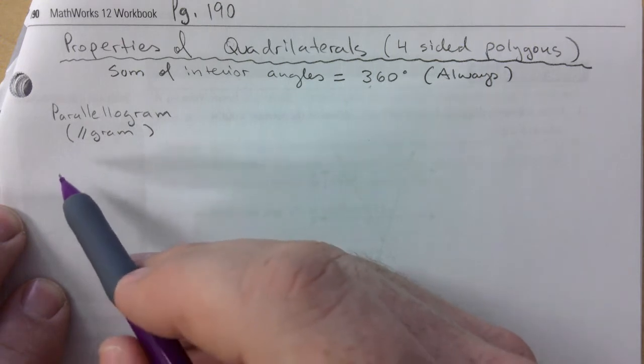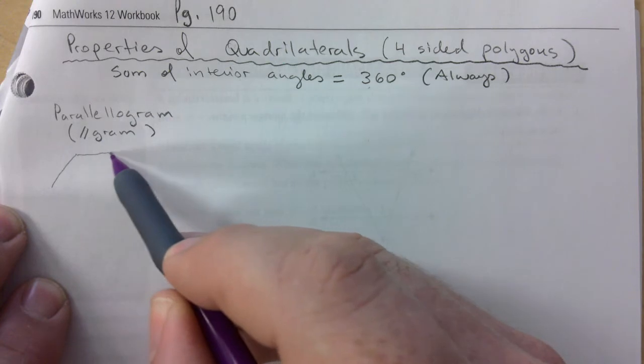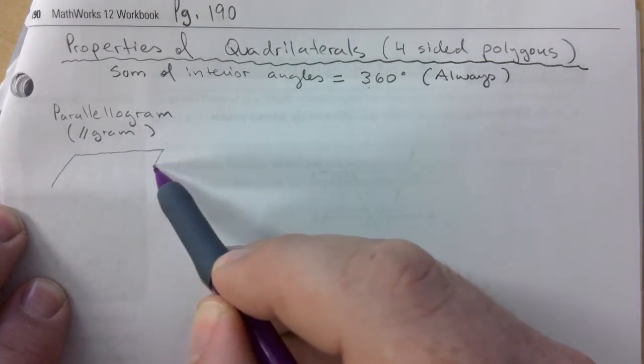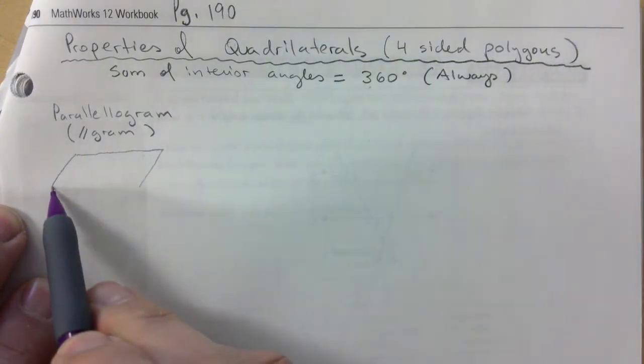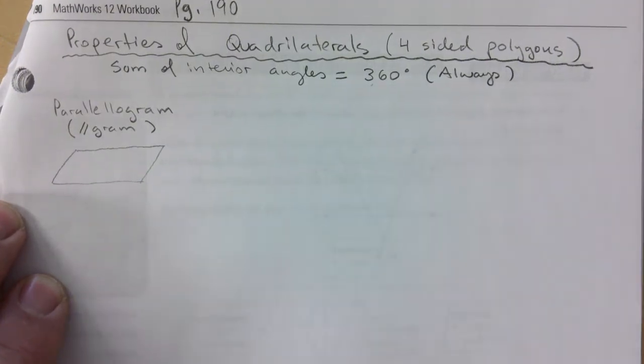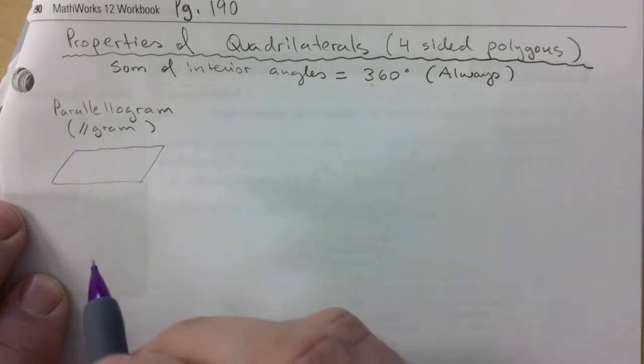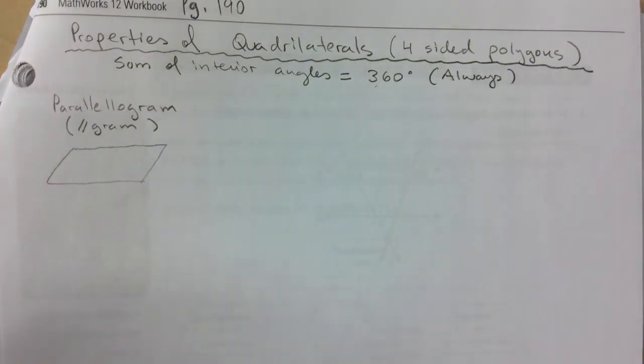And I would encourage you to have different colors for this section. Right, so a parallelogram is a slanted rectangle, and it has two sets of parallel sides. I'm going to use different colors just so it sticks out a bit more.